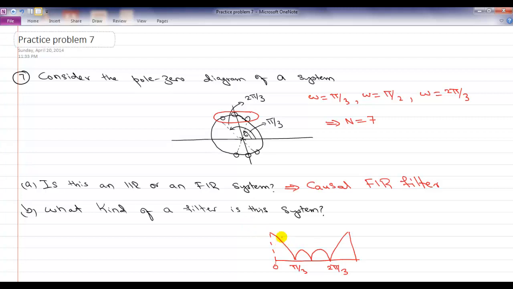So just looking at the shape of the filter, you can determine that it's a band stop filter, and you can try to roughly guess the shape of this frequency response. And of course, you will have exactly the same kind of shape on the negative side. Okay, so this is what your H of e to the j omega will look like.